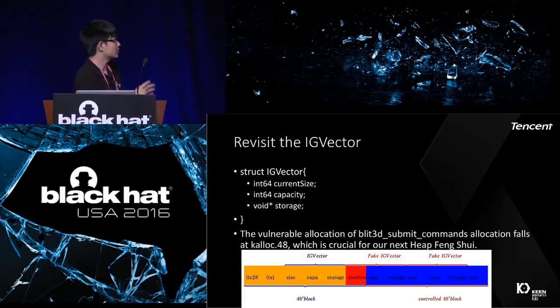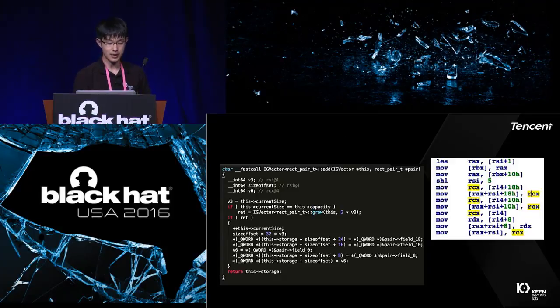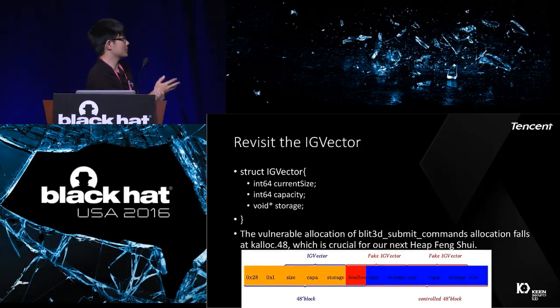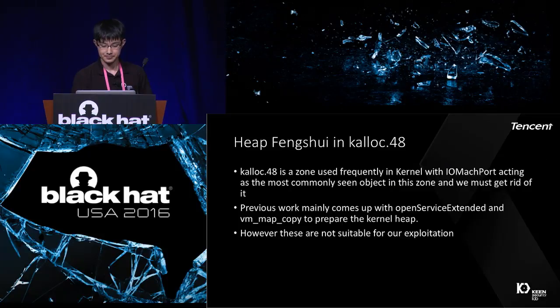So we got an OOB write in this KLOC 48 zone, and we need to do heap feng shui to ensure that what follows after this benign block is content that we can stabilize and control. Previous methods like VMAP copy and IOAccelerator open service extended are known methods to prepare the OSX and iOS kernel memory.